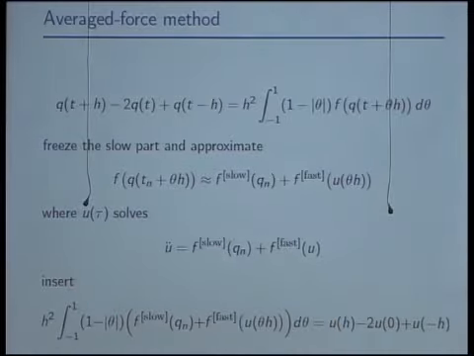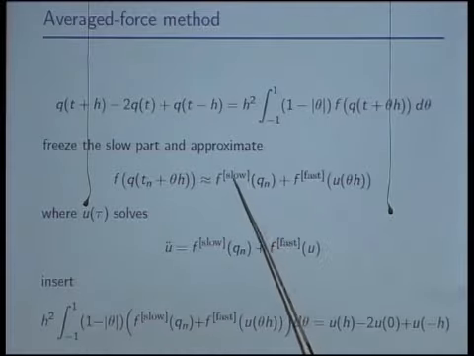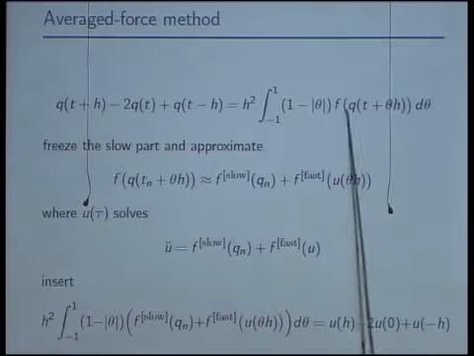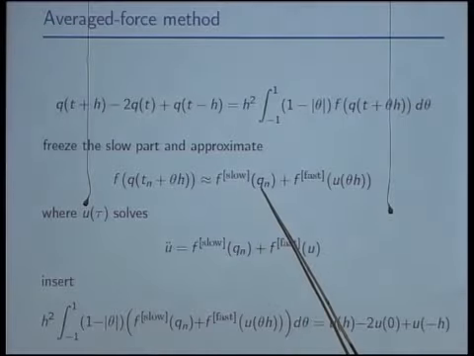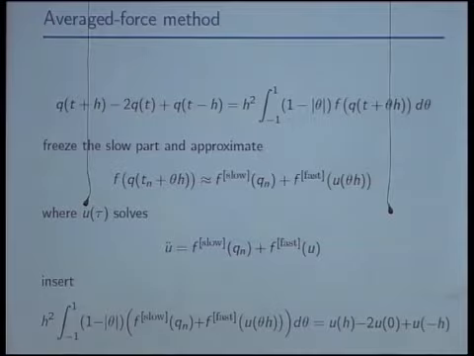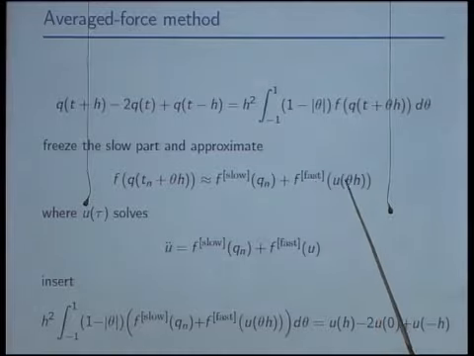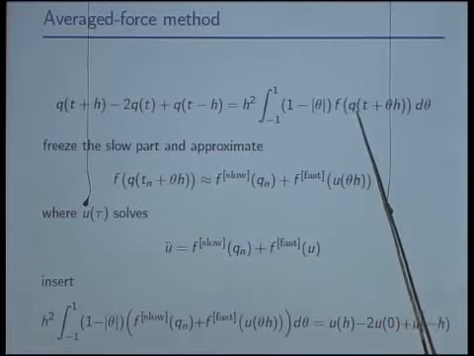only at rather large time intervals, as I showed you on the first transparencies, going over several of these frequencies. Now, since it is changing slowly, we just freeze the slow part over a time step and approximate the integrand here by the slow part evaluated at the current approximation point Qn, plus, and here we leave the fast part variable, where u should now be an approximation to q.